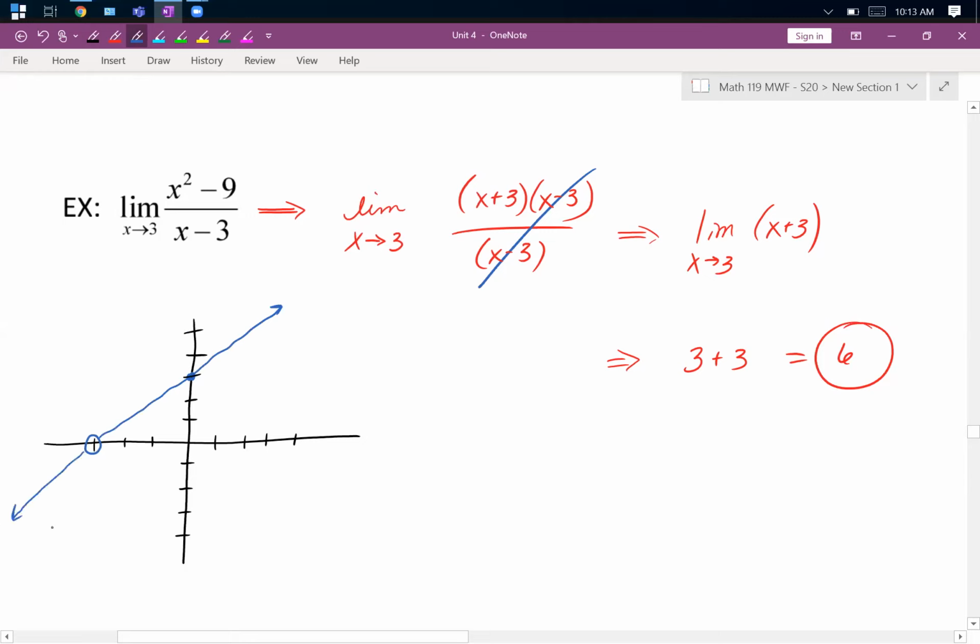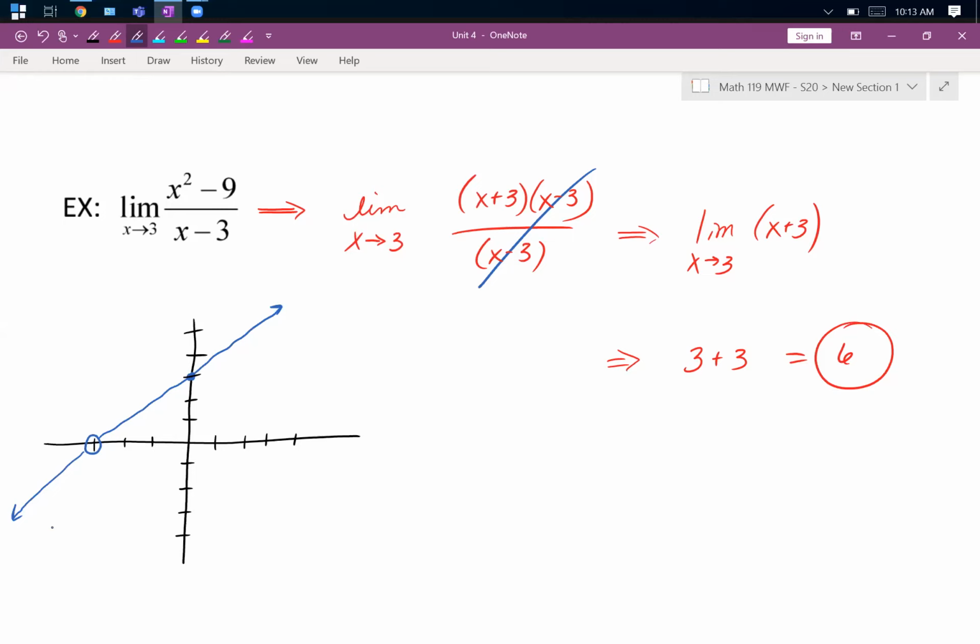So a function can be undefined at a particular x value, because this is absolutely undefined at 3. It is not in the domain of the function, but the limit is not what's happening exactly at that x value. The limit is what happens as we get really, really close to it.